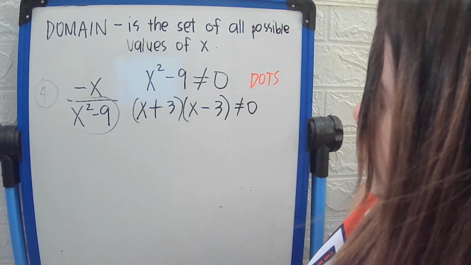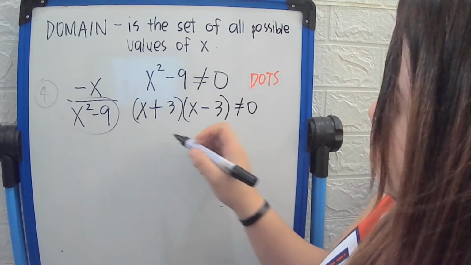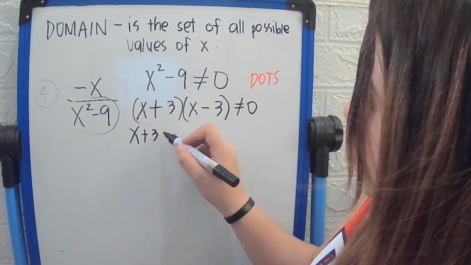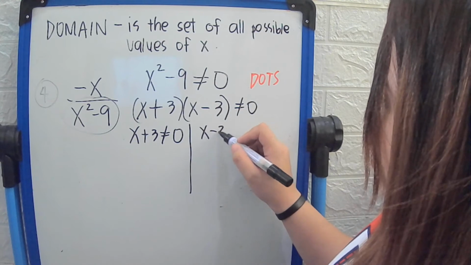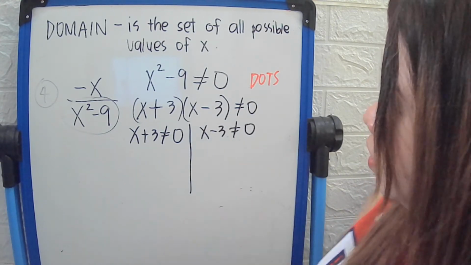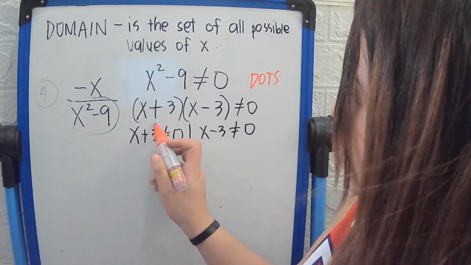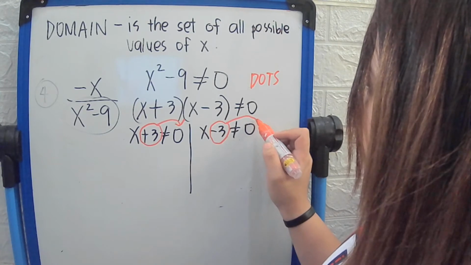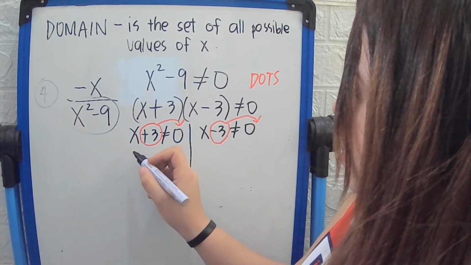Here we have to get the value of x that is restricted. So in each factor, we put not equal to 0 to get the restrictions. Just like what we do, to get the value of x here, we transpose this to the right. Same goes here. When we are transposing, the sign is changed.